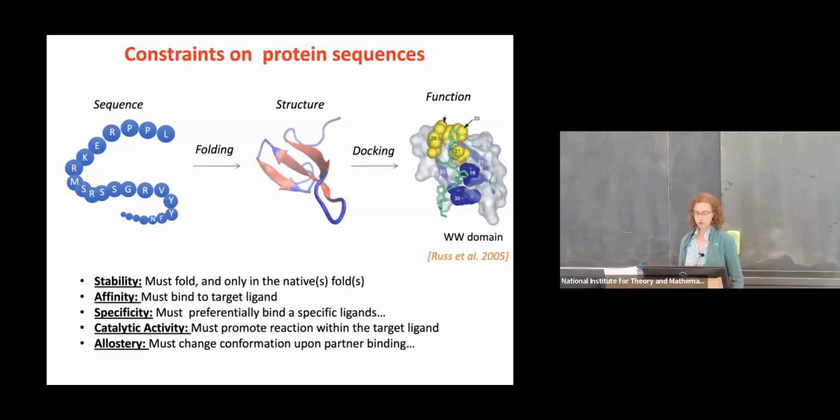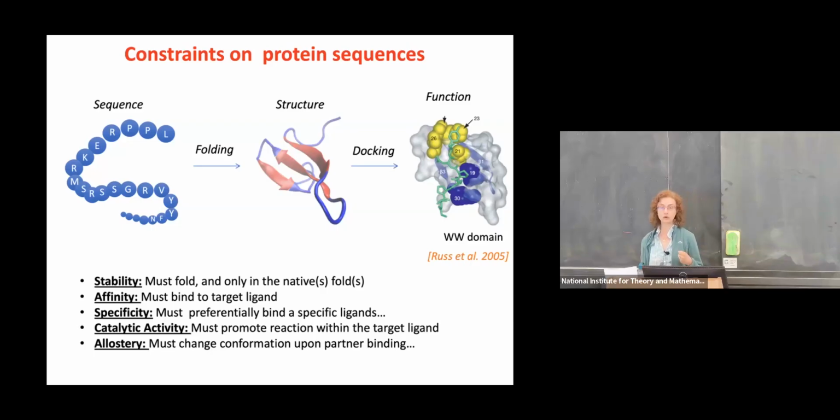In the sequence, all these constraints are encrypted: the stability, the affinity, in the sense that it has to bind to the target ligand, the specificity, which is to bind in a specific way to a particular ligand, and sometimes once it is bound, it has to promote some reaction, so it can also have allostery, for example.